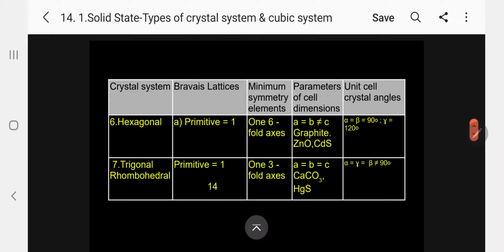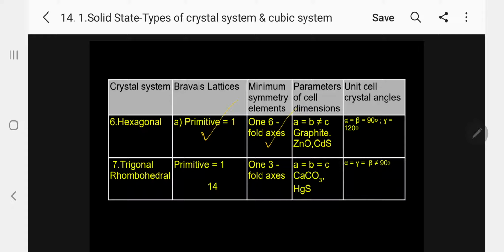Number 6 crystal system: hexagonal. Bravais lattice only one, primitive. Minimum symmetry element: 1 six-fold axis, that means 60 degree rotation. a equal to b not equal to c. Alpha equal to beta equal to 90 and gamma equal to 120.